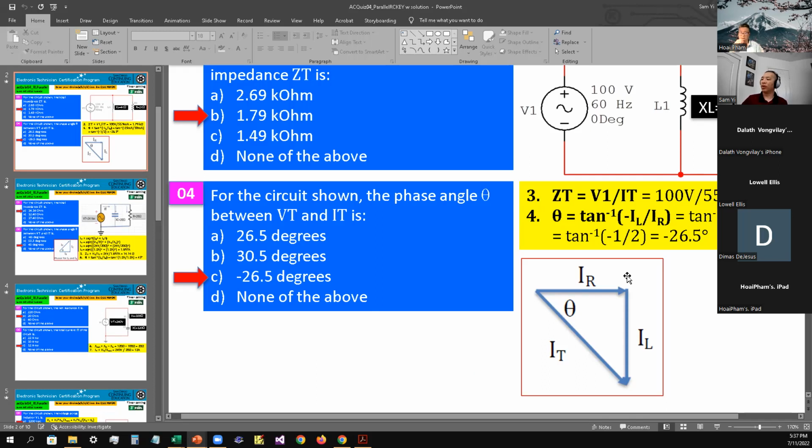Okay, so the current would be negative, the voltage would be positive. For a capacitor, the current would be positive, and the voltage would be negative. Okay, and then it depends on what you're comparing, the current or the voltage. Okay.